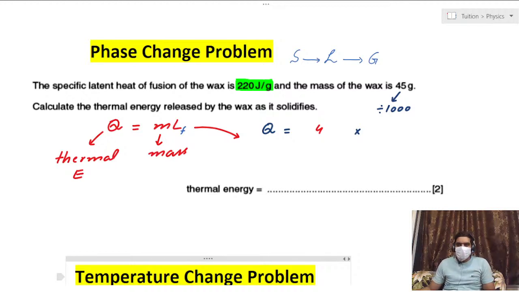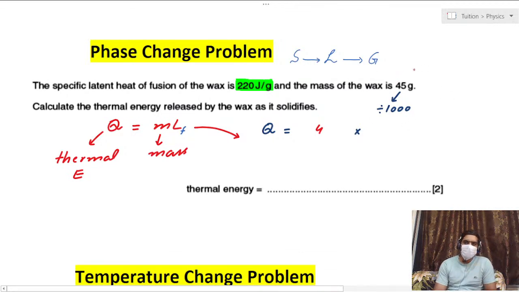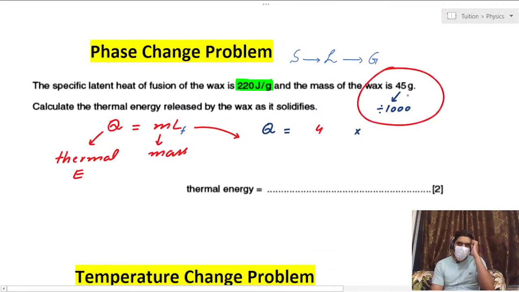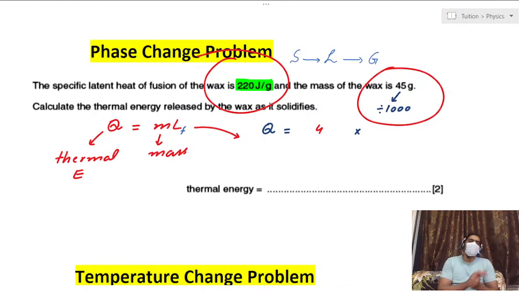Isn't the kg a standard unit we are supposed to write the answer in? Saad, you're totally right about it. But if you want to convert this into kilograms, then you would also need to convert this into kilograms. You need to convert both of them into kilograms.